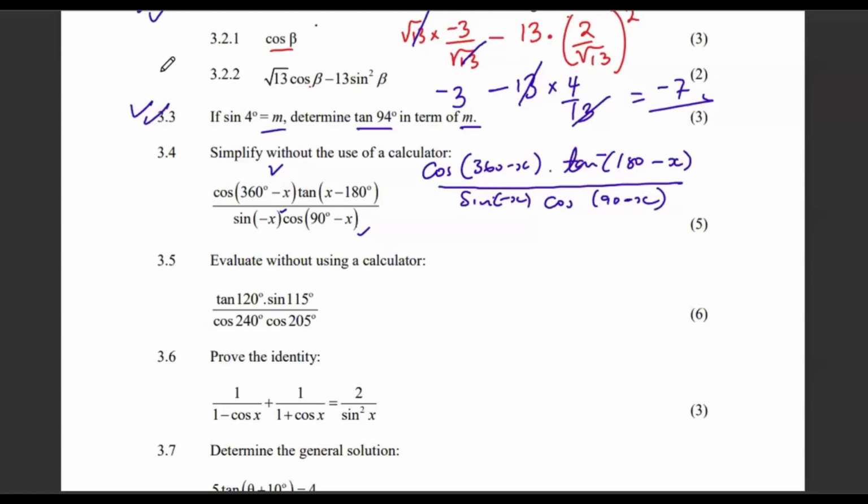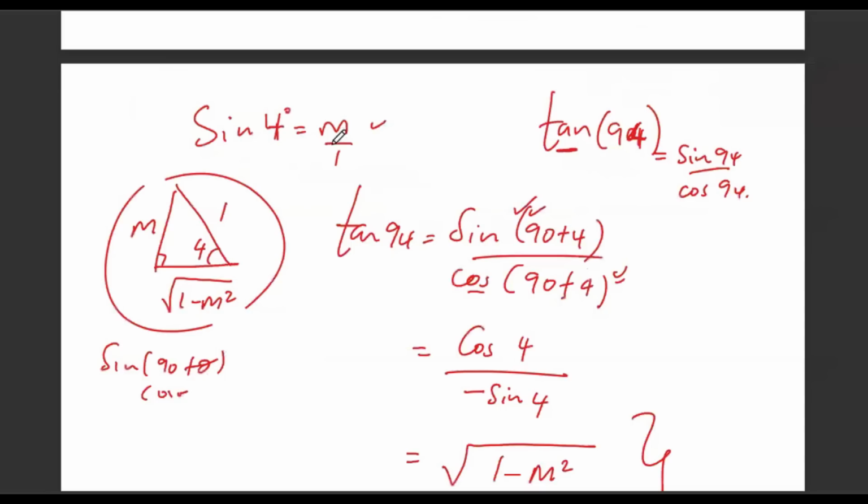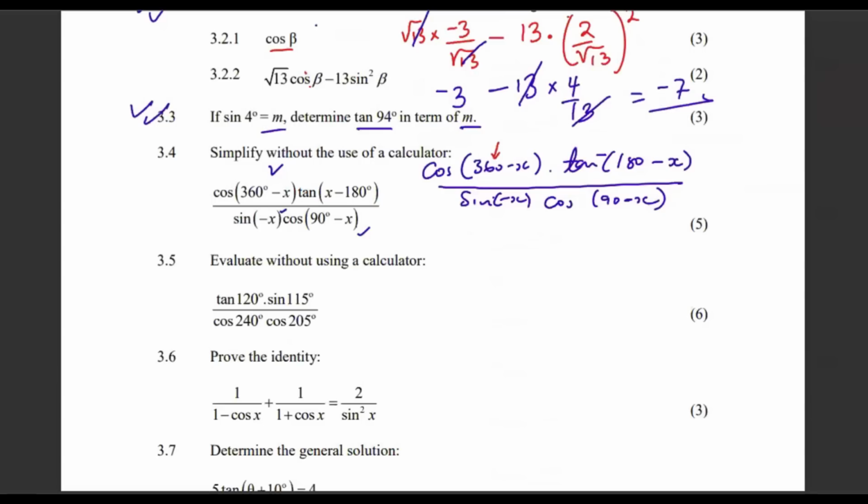Okay, let's reduce this and we see where we end. So 360 minus is in quadrant number 4, and cos is positive there. So I'll have a cos x. And then followed by 180 minus. So this negative can also come that side.